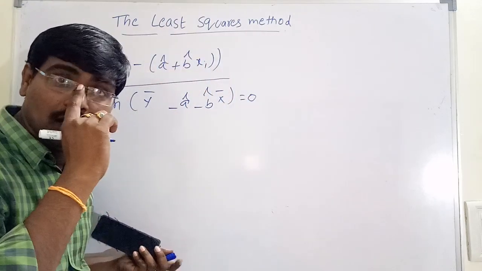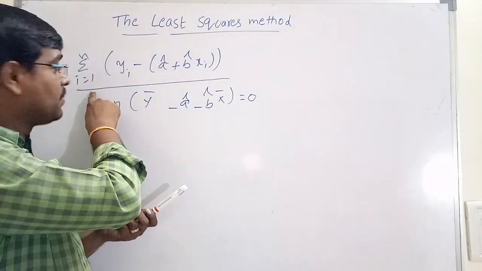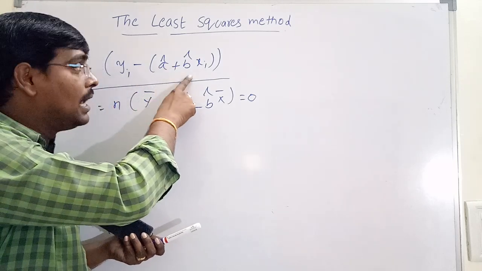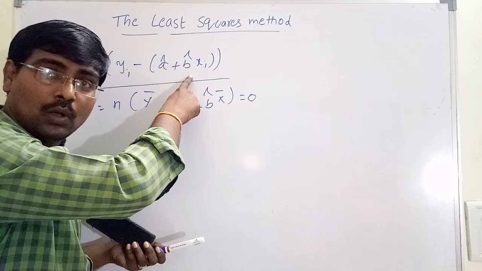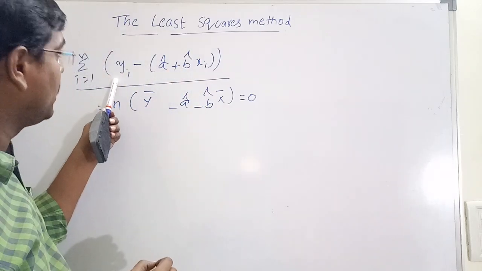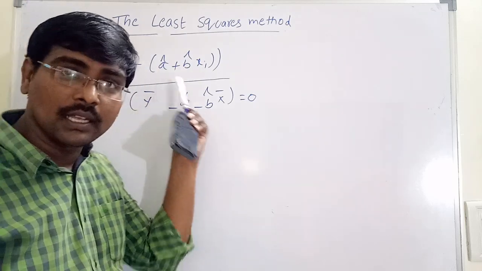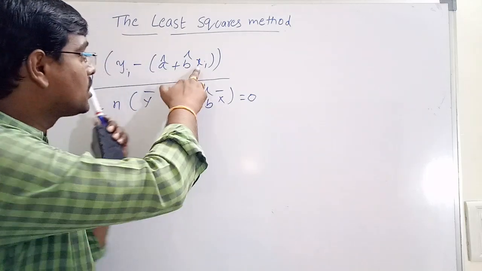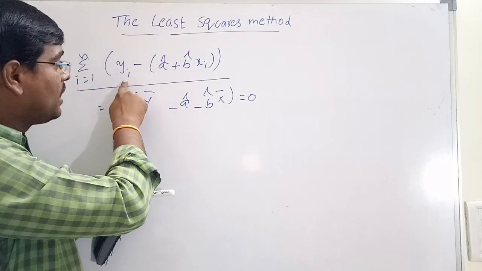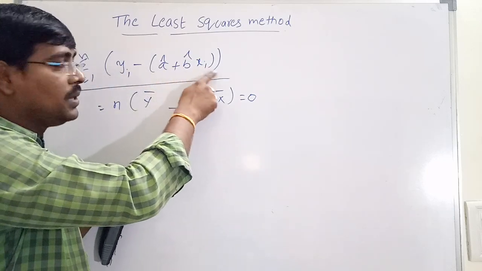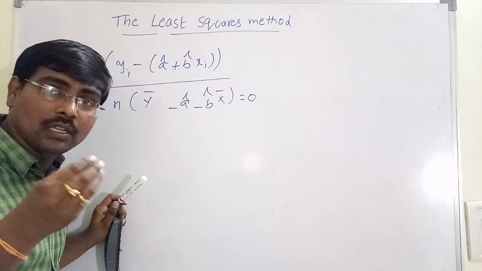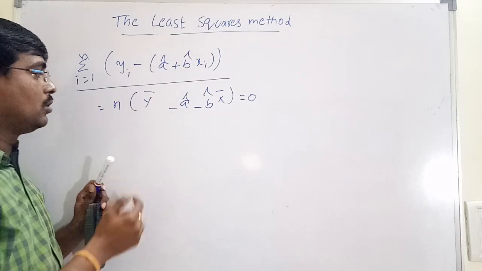In the first univariate solution, I am writing sigma i equal to 1 to n of wi minus (a plus b hi). Instead of w I am using y, and instead of h I am using x, so yi minus (a cap plus b cap xi). To get the least square residuals, the solution is set equal to 0.